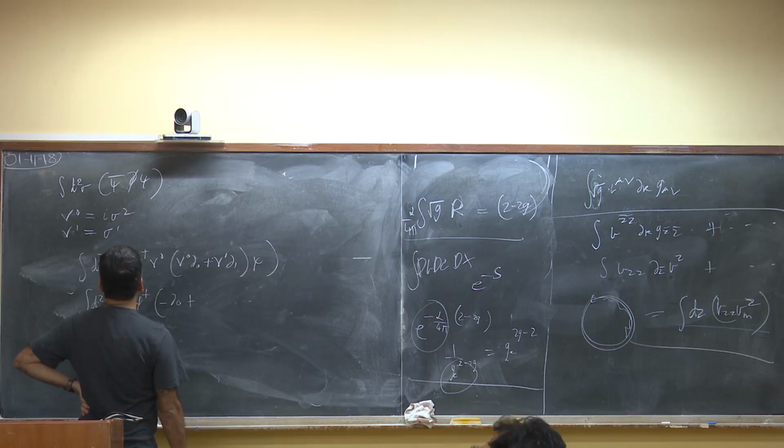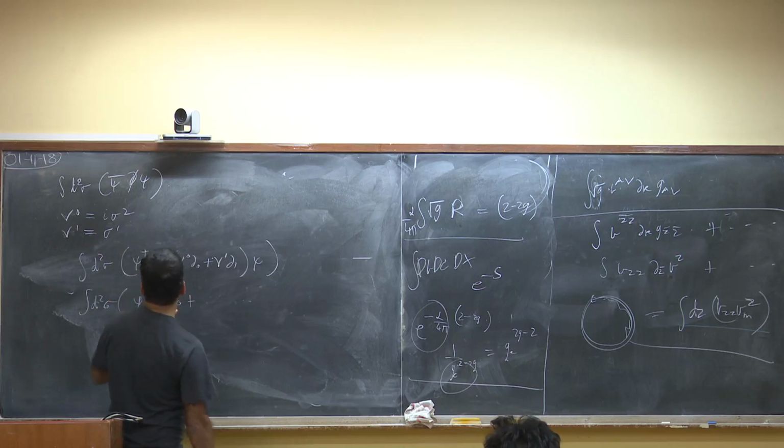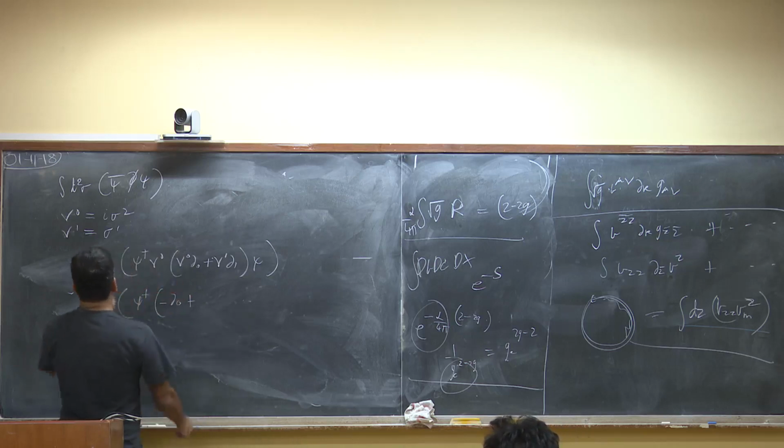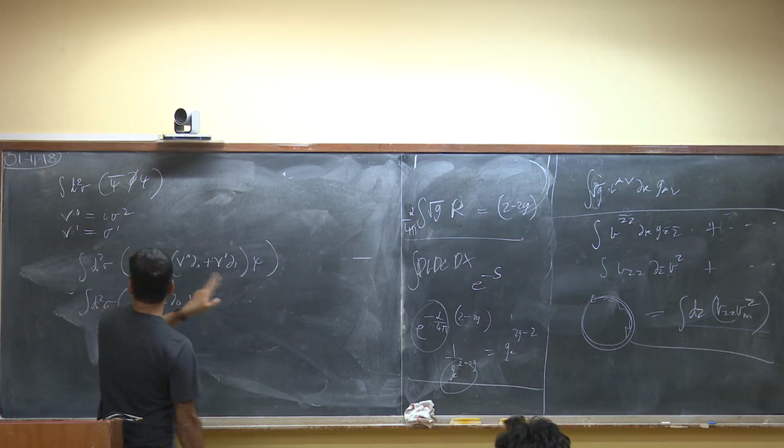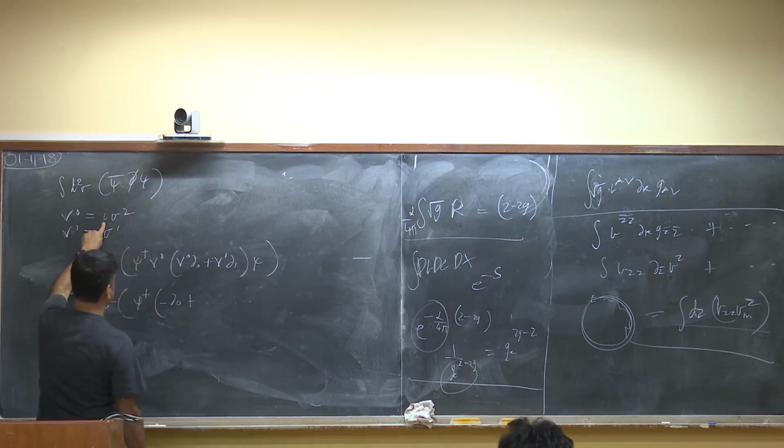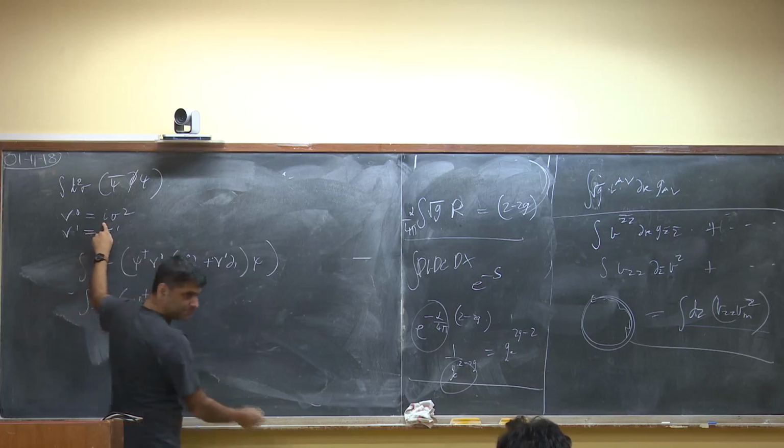You do 2, 1, and then there's an i in the wrong place. Sorry, plus. So it's sigma 3. 2, 1 gives minus i sigma 3, but there was an i here, so that's plus sigma 3, right?